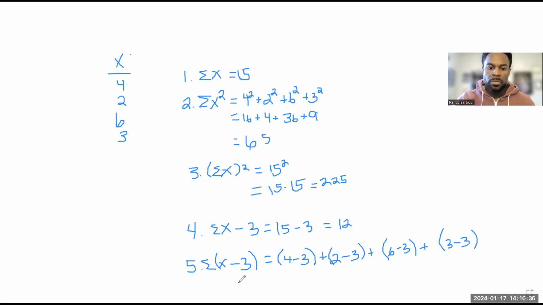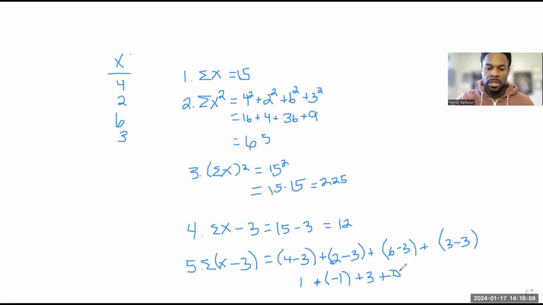All right. So if we move down, 4 minus 3 is 1. 2 minus 3 is negative 1. So this is negative 1, close parentheses, plus 3, plus 0.